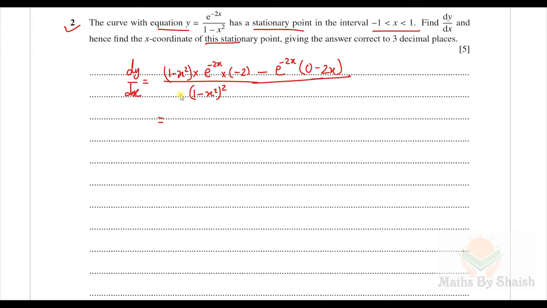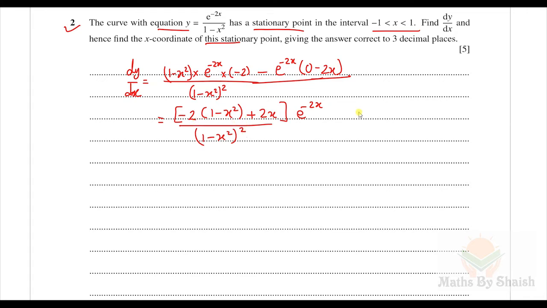So I'll simplify it more. It is going to be minus 2 times (1 minus x squared), and I can see e^(minus 2x) here and here as well, so I'll write them together, plus 2x, and then I'll write this separately, e^(minus 2x) over (1 minus x squared) whole squared.